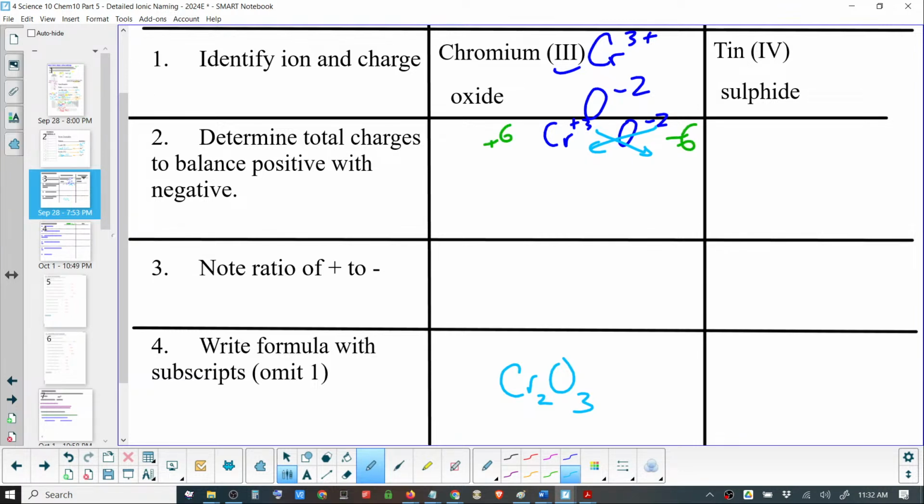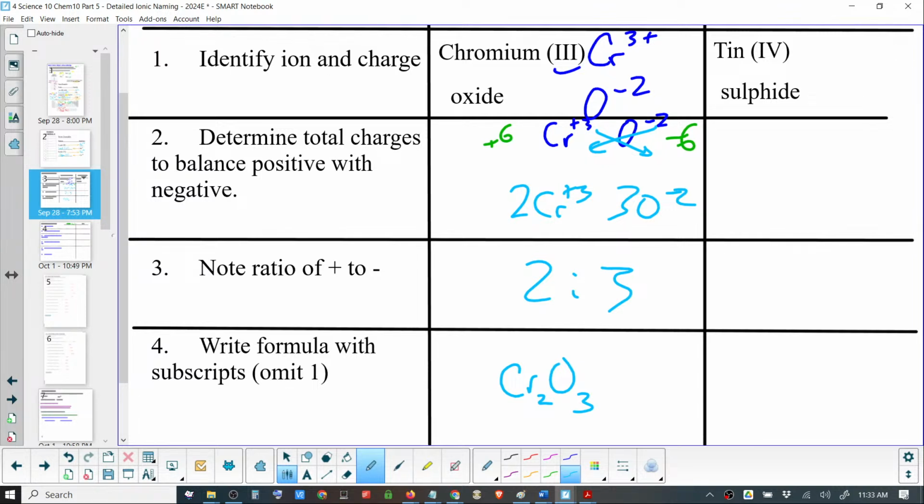How many of these do we need to get to plus 6? 2. And how many of these do we need to get to minus 6? 3. Note the ratio, and we get it. The reason it works is because the number that both 3 and 2 go into is often found by multiplying them by each other, so 3 times 2 and 2 times 3. So if you crisscross them, it usually works.